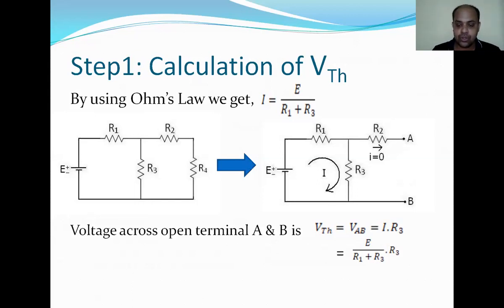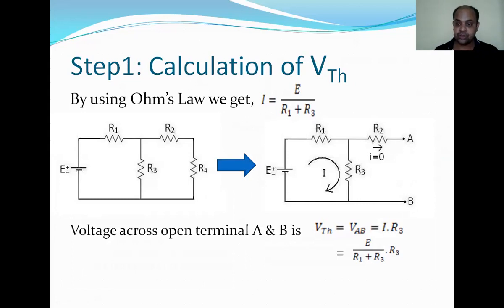Now, what is VTH? VTH is the Thevenin voltage. As per the circuit, it is the voltage across the open terminal AB. We can represent VTH as VAB because this is the voltage across the terminal AB. So what is this VAB? The VAB is nothing but the voltage drop across the parallel resistance of the open terminal.